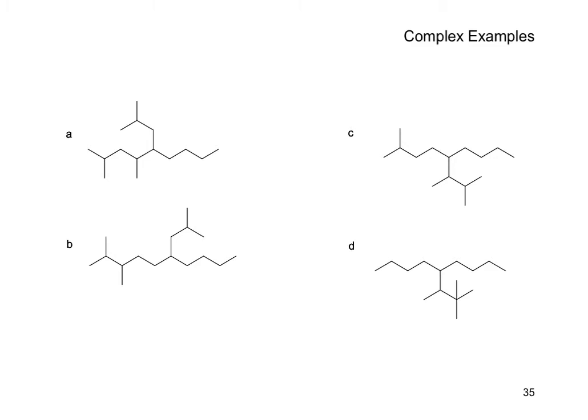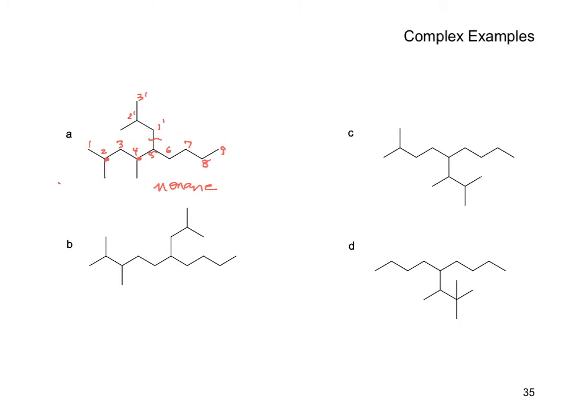All right, let's see if we can put this together. We have 1, 2, 3, 4, 5, 6, 7, 8, and 9. 9 means what? Nonane. Position 2 and position 4 have what? Methyl groups. Position 5 has what? That's a point of attachment. 1 prime, 2 prime, 3 prime.